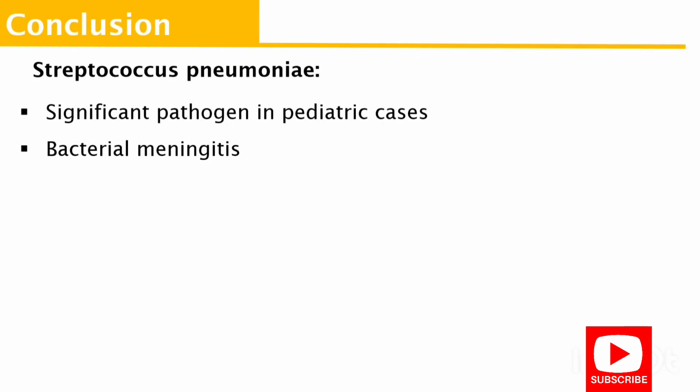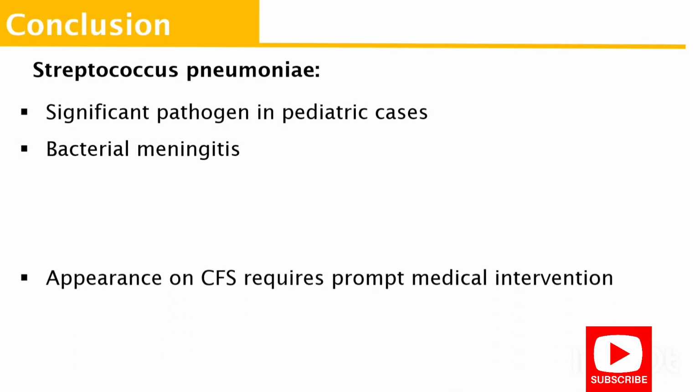So don't forget that the diplococci we are talking about here is Streptococcus pneumoniae, because the question wants you to find out which diplococci you can see in children. Maybe that has infected the meninges, leading to meningitis in children.